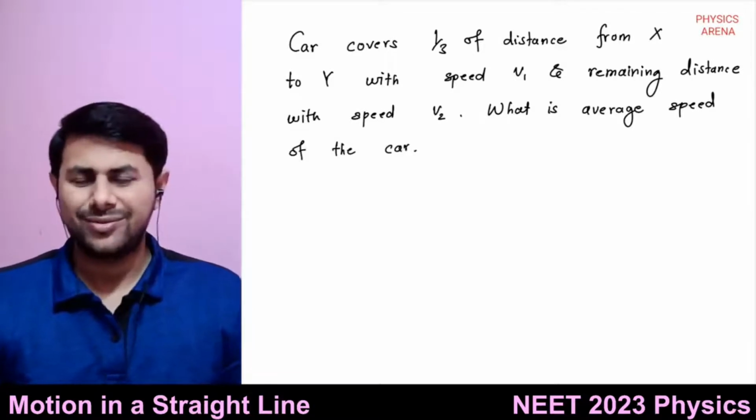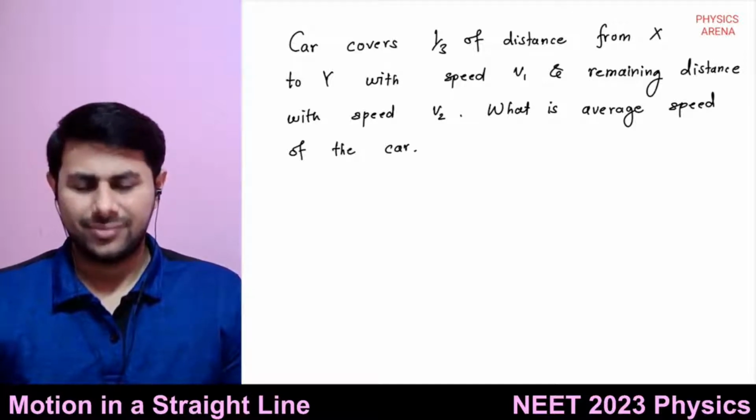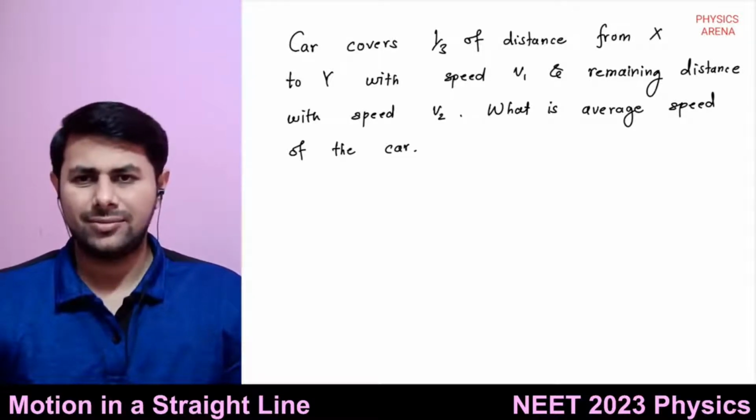So what will you do if the question is like this? 3 V1 V2 upon V1 plus V2?